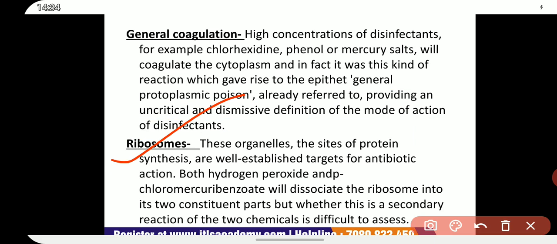Ribosomes. These organelles are the sites of protein synthesis. As we know, protein synthesis is carried out by the ribosomes.